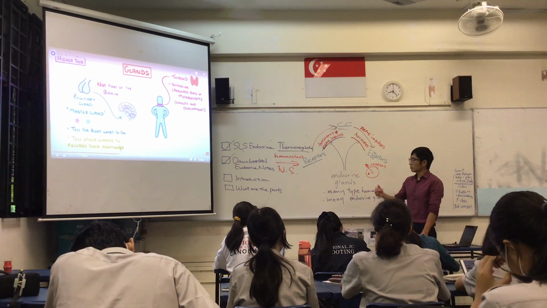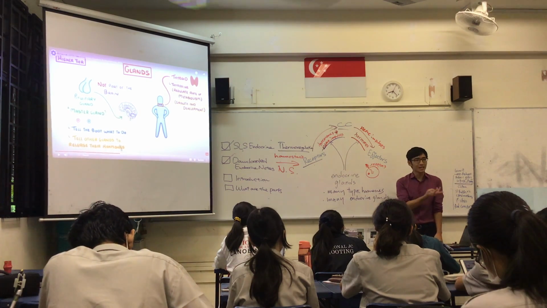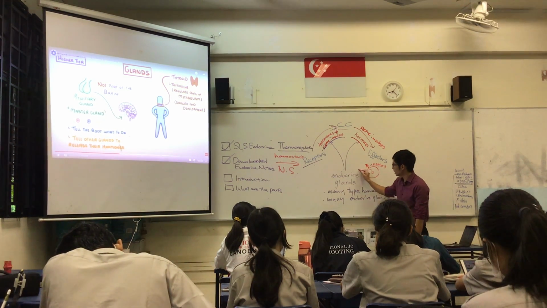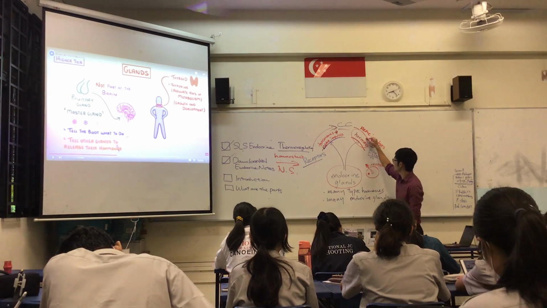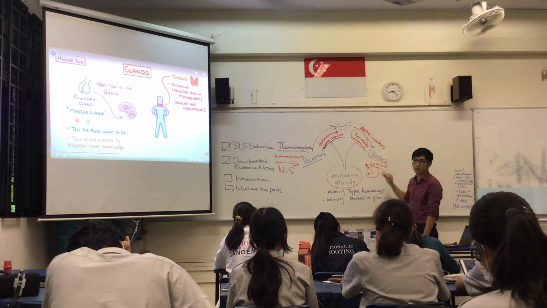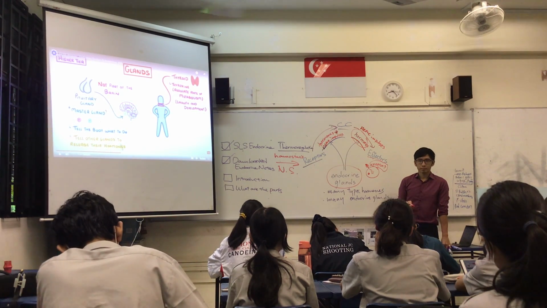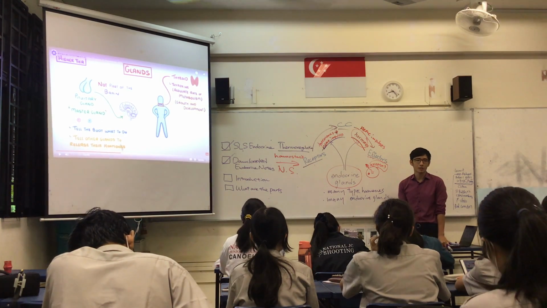As an introduction, in the endocrine system, just three main things you need to know about. Number one, we have glands that produce hormones, and the hormones are detected by receptors found on the effectors. Think of receptors really as a mailbox for the hormones.